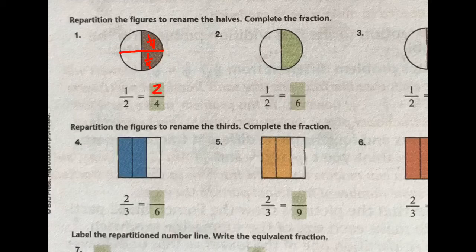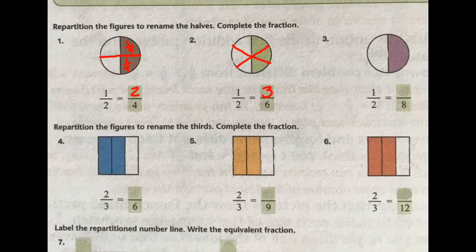So let's do that. We're going to try to do this as evenly as possible. You should have 3 cuts on each side. All right. So how many 6ths are colored green now? 3. All right, let's look at number 3.